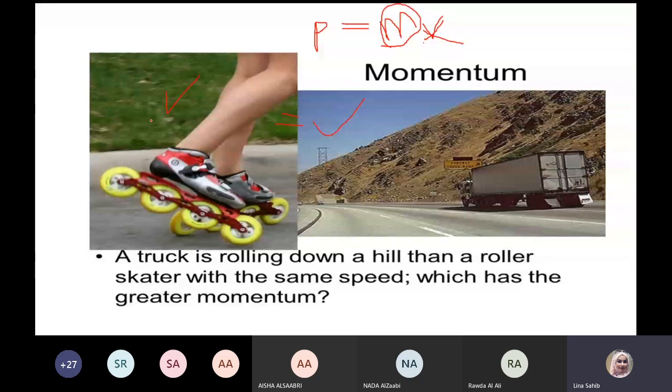So which one has more mass, the skater or the truck? The truck. The truck has more mass, which means it has a greater momentum. So this is why the truck has more momentum, because of the greater mass, regardless of the velocity. So the momentum depends on two factors, mass and velocity. One of them should be constant.